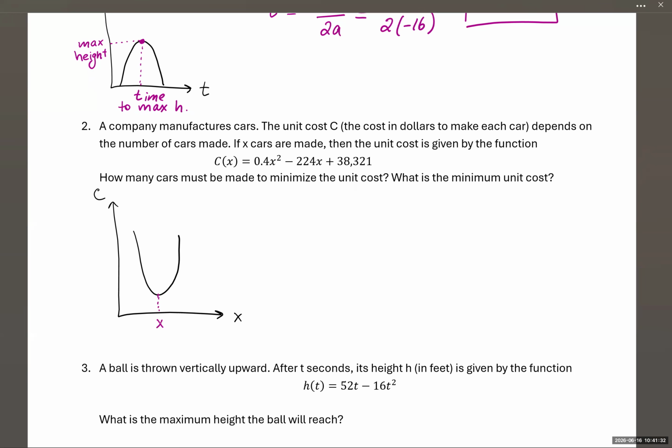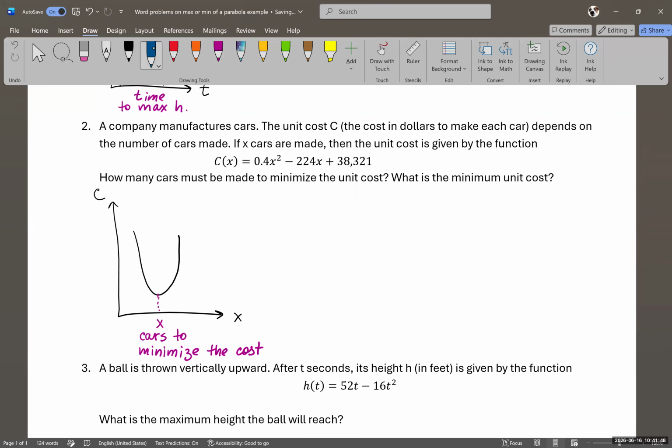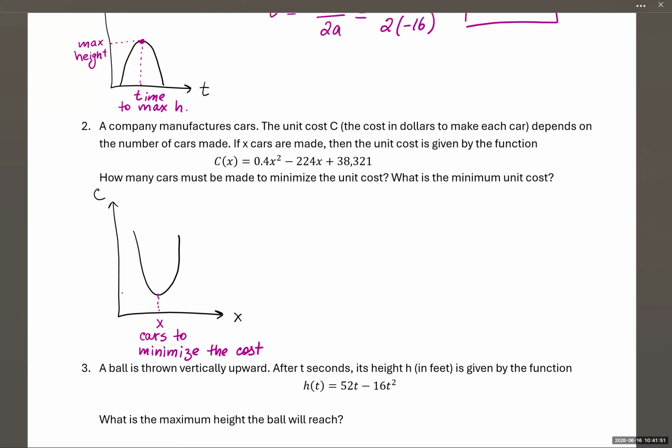The x-coordinate of the vertex is how many cars we need to make to minimize the cost. And then the y-coordinate of that same vertex, that is your minimum cost, assuming that you make the minimum number of cars necessary.